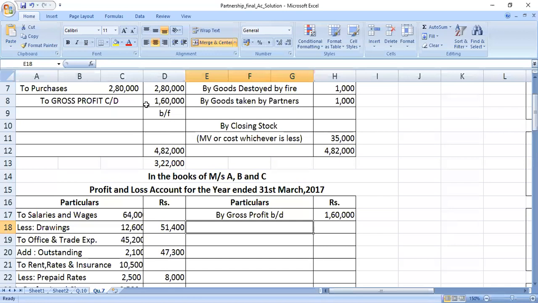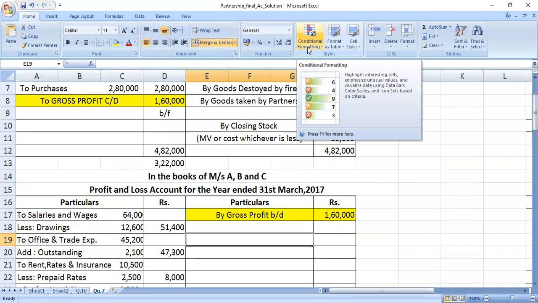You see that, this gross profit, the debit side trading account gross profit, we transfer to the profit and loss account credit side.